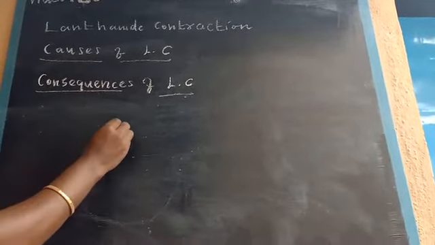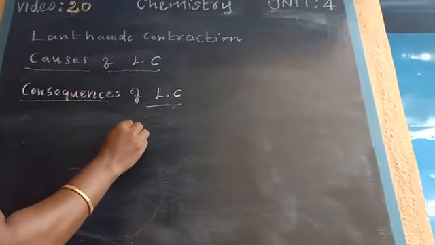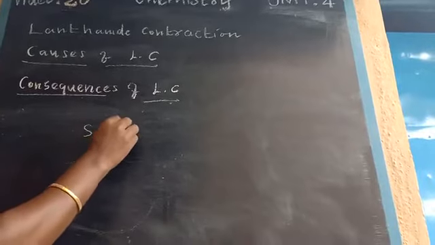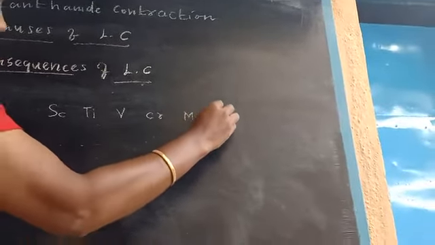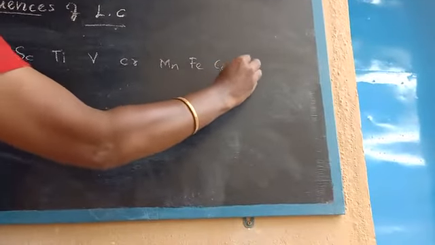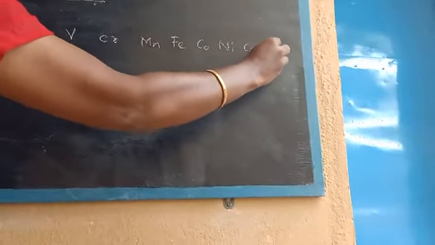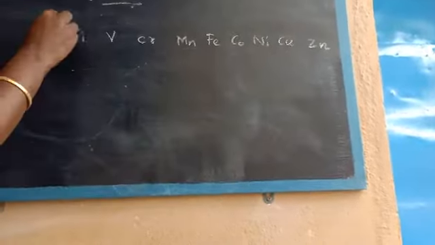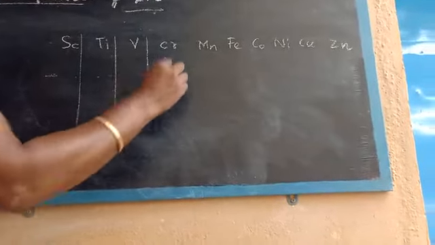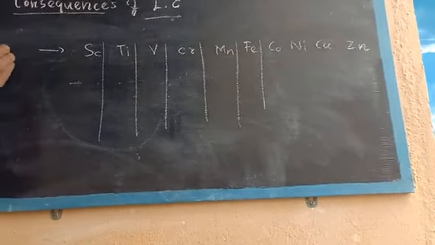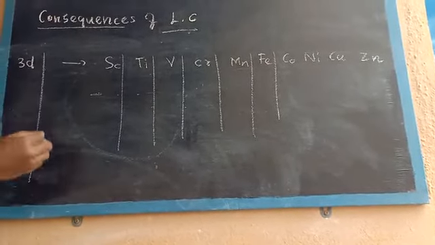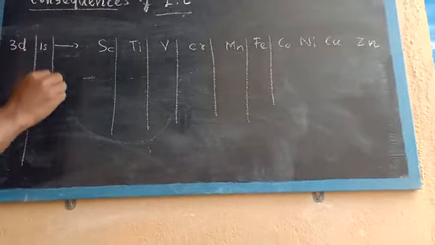Now see here, the 3d series: scandium, titanium, vanadium, chromium, manganese, iron, cobalt, nickel, copper, zinc. This is the 3d series, or first series.